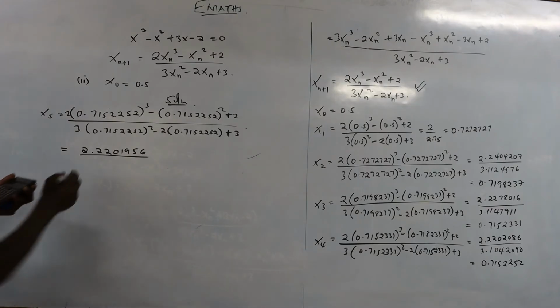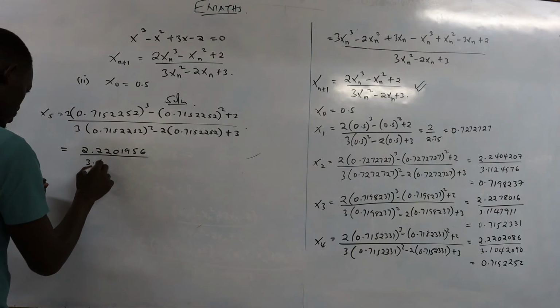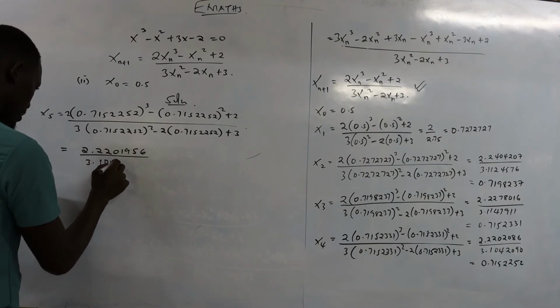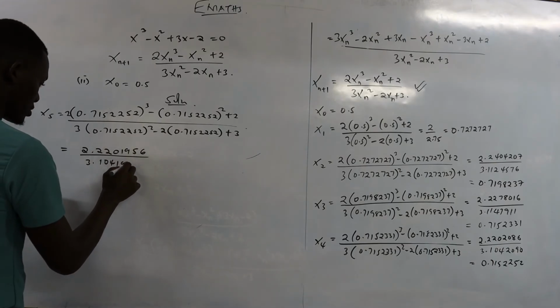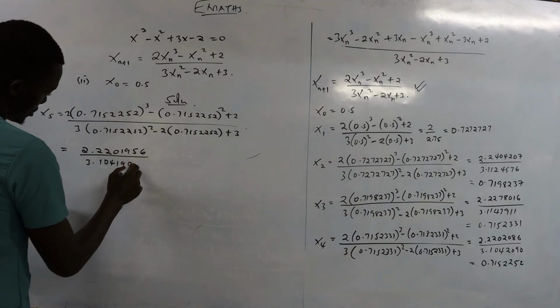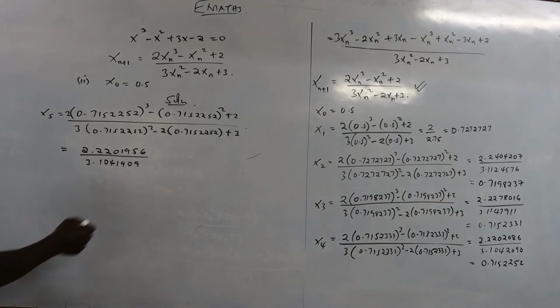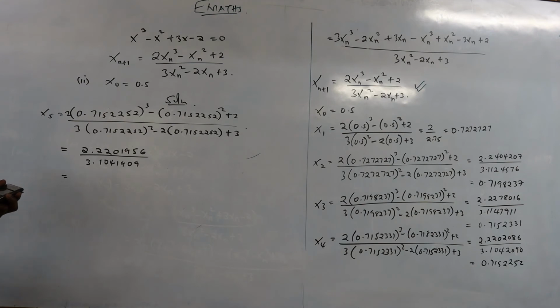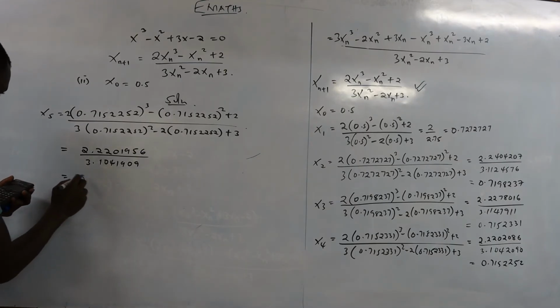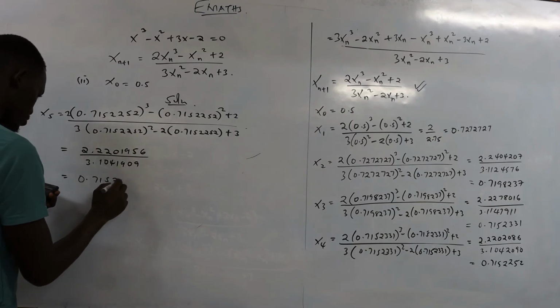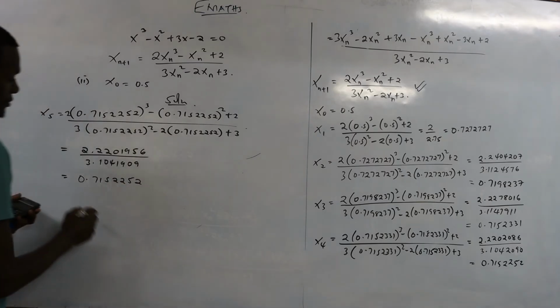So that one gives us 3.1041909. Okay, so dividing the two, 2.2201956 divided by the answer. We get our solution will be 0.7152252.